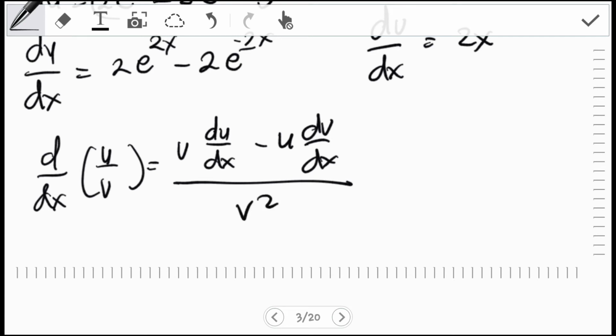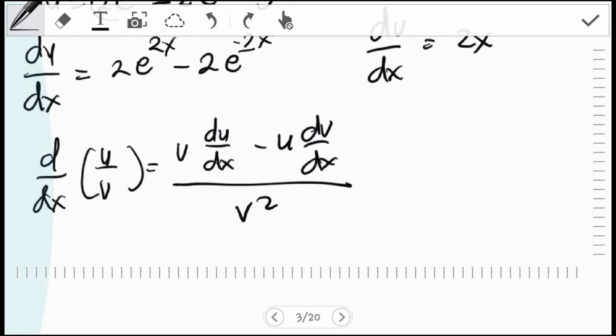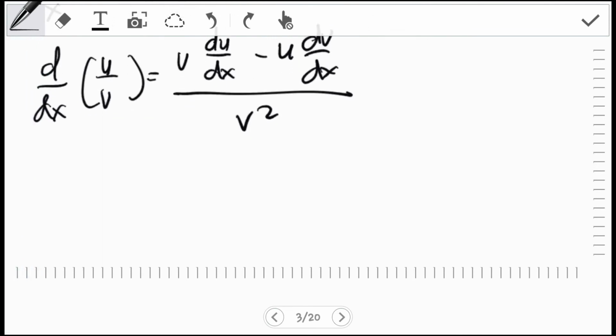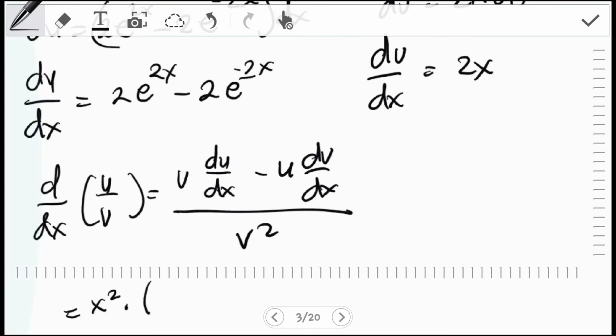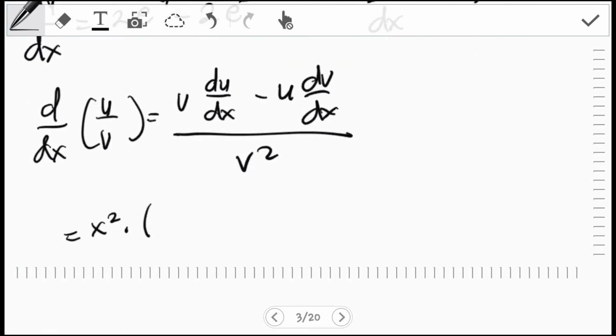So substitute the equivalents. So v is x squared, du over dx is 2 e to the power 2x minus 2 e to the power negative 2x.